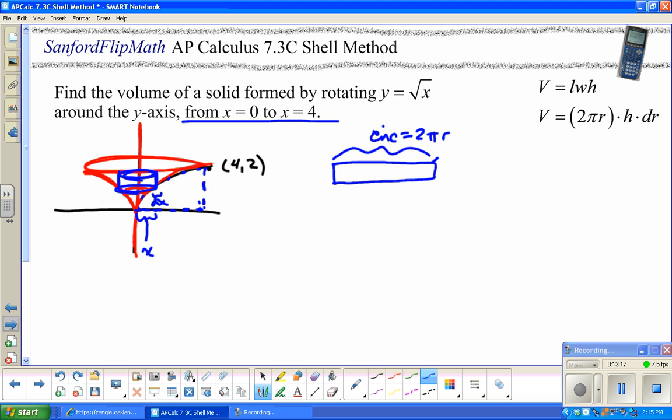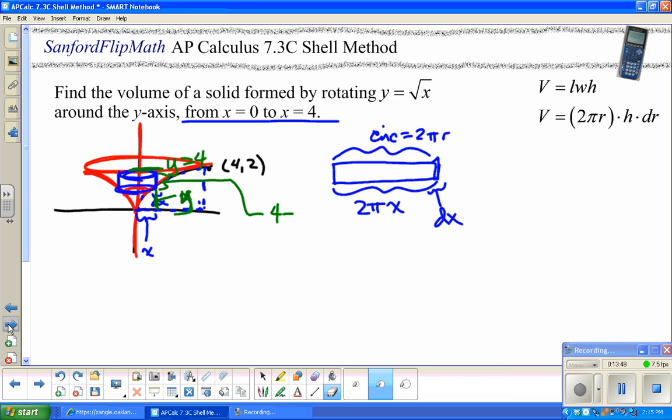So as we go 3D with this little guy, that thickness is going to be dx, and the circumference is going to be 2 pi x. Height-wise, again, similar to the last problem we just did, this height is y equals 4, and this height is y. And so the difference is the height of that shell, and it's going to be 4.